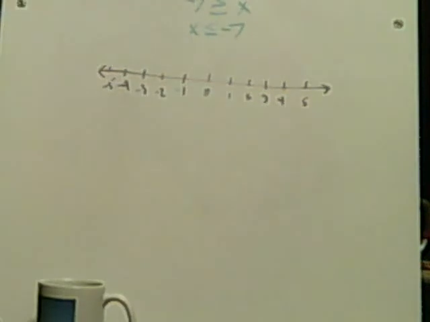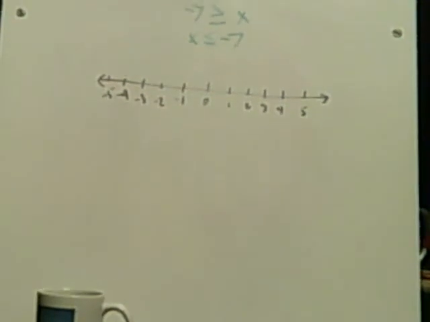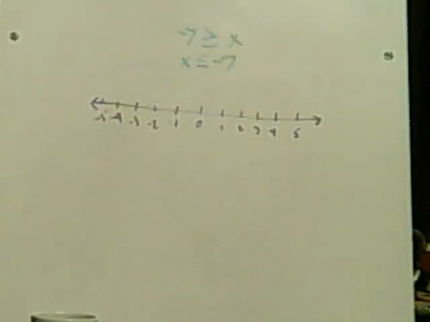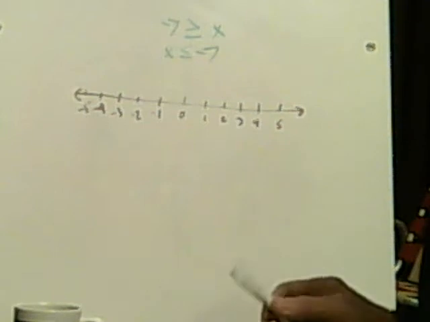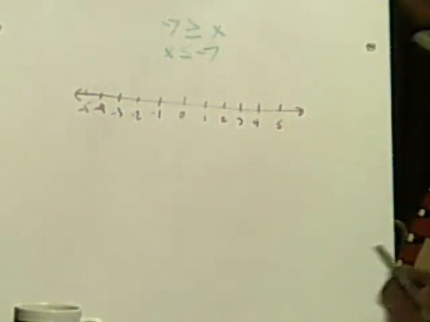Okay, I see that my top one was not quite high enough. I'm going to move that up a teeny bit. Okay, that would be fine. Okay, x less than -7. Well, I got to make sure my number line goes further.